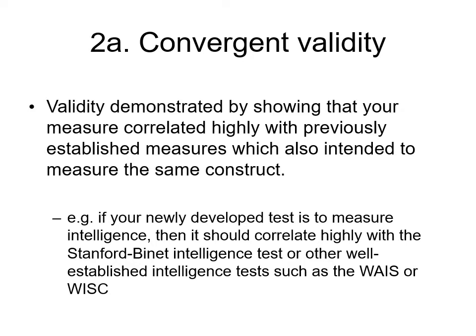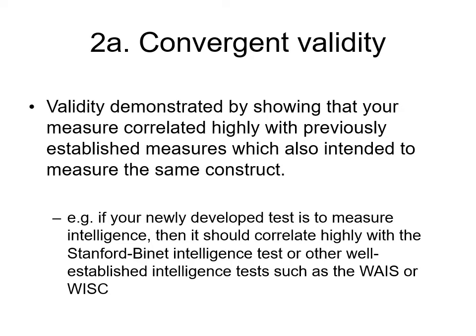then the data derived from your test should be similar to the data derived from the other tests. In other words, if your newly developed test is aimed to measure intelligence and you give it to a genius by the standard of the Stanford-Binet intelligence test, they should do really, really well on your newly developed test, and vice versa.